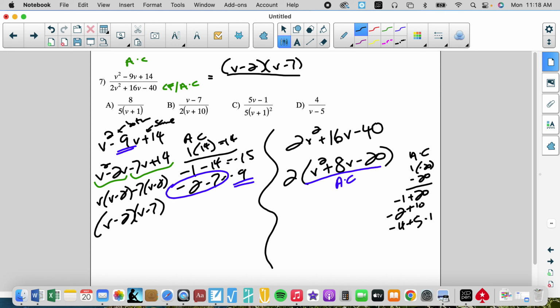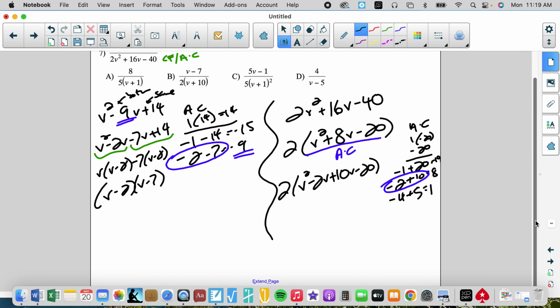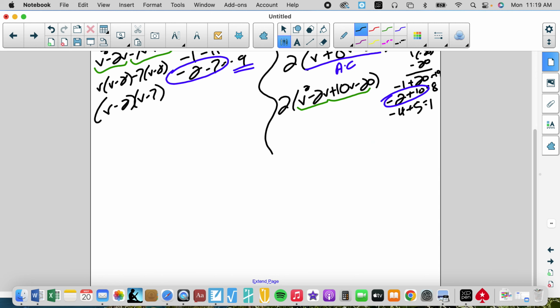And we get 1, we get 8, we get 19. So 8 is my middle. So this becomes 2 times the quantity V squared minus 2V plus 10V minus 20. We are going to factor by grouping. And that gives us 2.